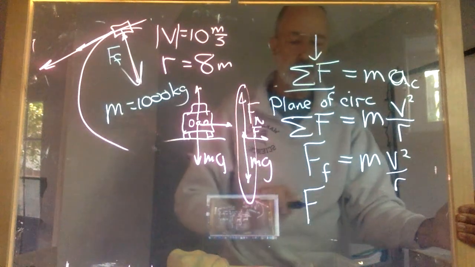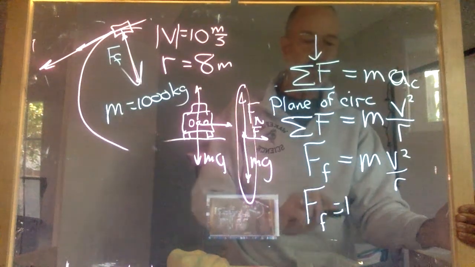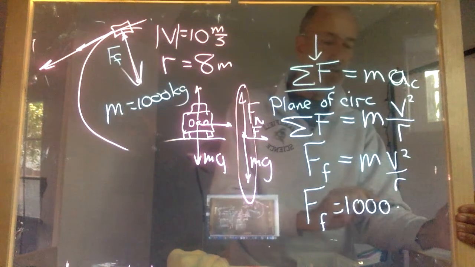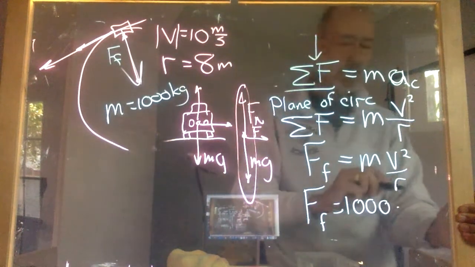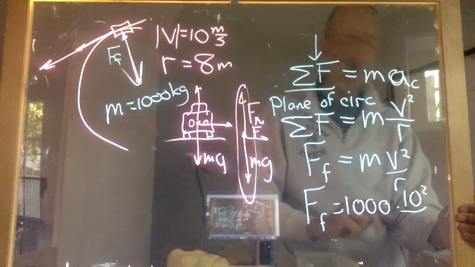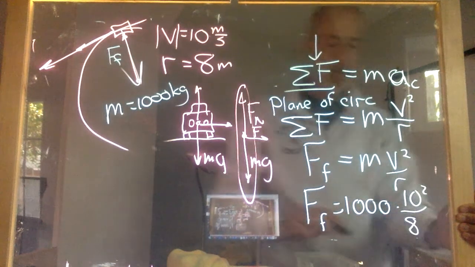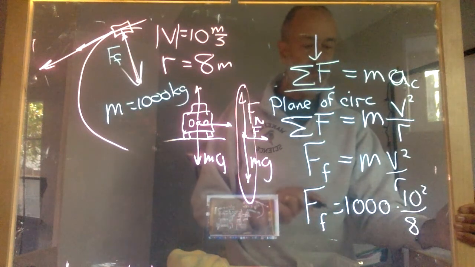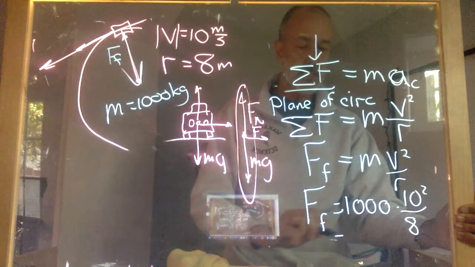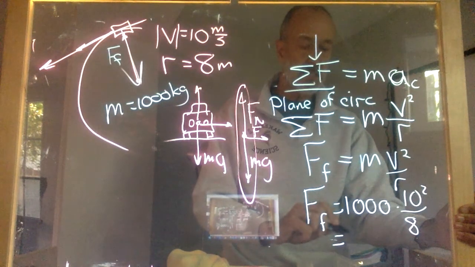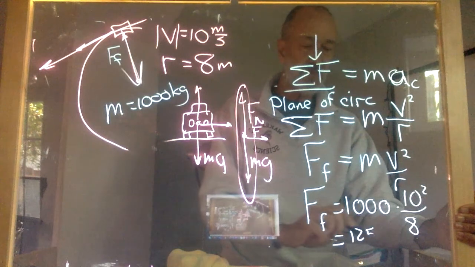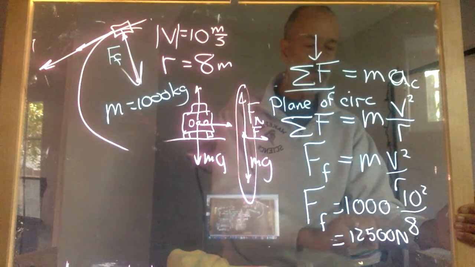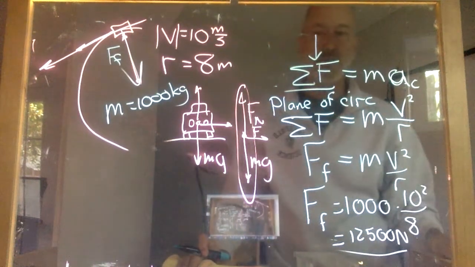So the force of friction required to keep it moving in that circle would be 1,000 times v squared divided by r. That's 100,000 divided by 8, and that's going to be 12,500 newtons. That's a lot of newtons, okay?